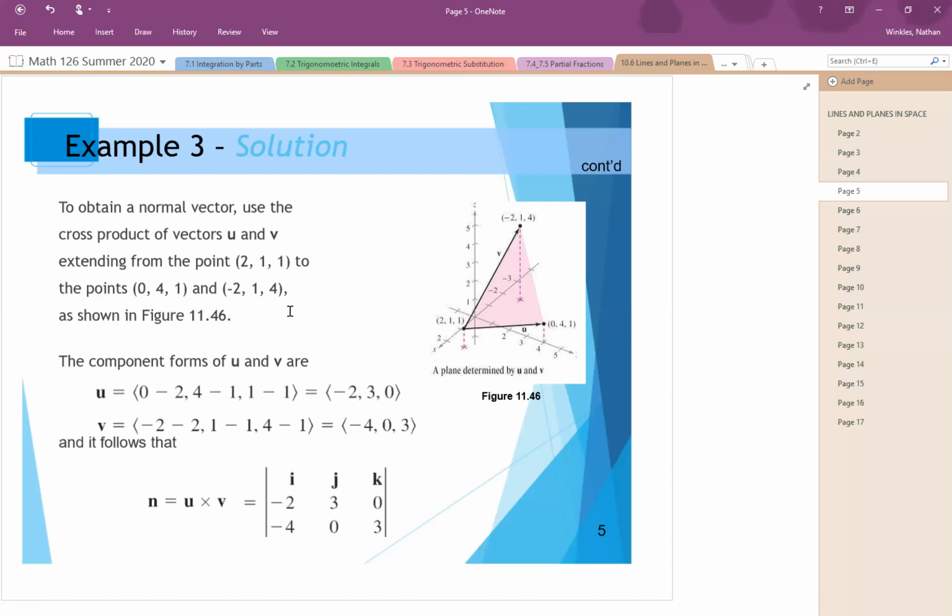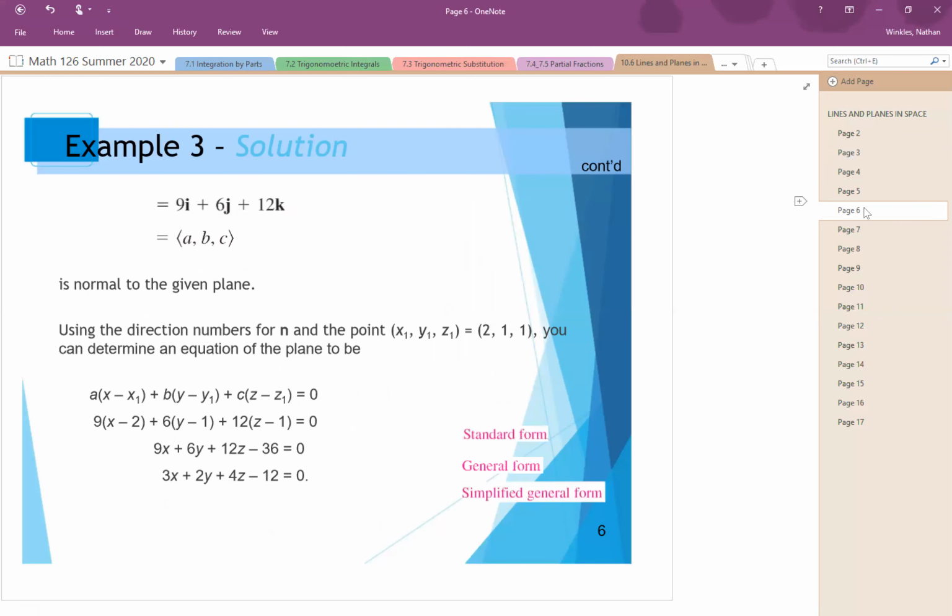We now need to find the cross product for our normal vector. So the cross product of u and v, as defined here, with i, j, k, then -2, 3, 0, and -4, 0, 3. When we take the cross product, we get 9i plus 6j plus 12k.